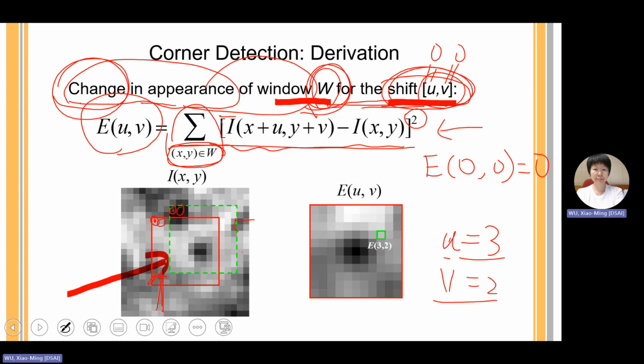Actually, E(U,V) here is a visualization of this function. You can see this block represents E(0,0), so it's completely dark.